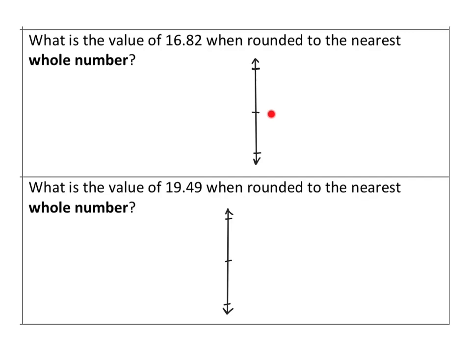Then in the middle you're going to put what's between this number and this number. Then figure out, does it round up or down? All right, it's your turn to try those. Pause the video and do this problem and this problem.